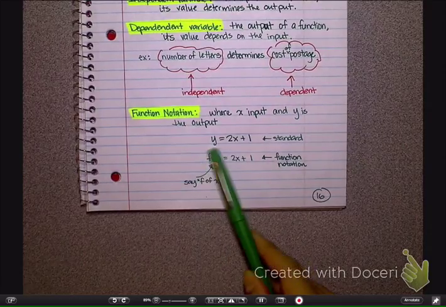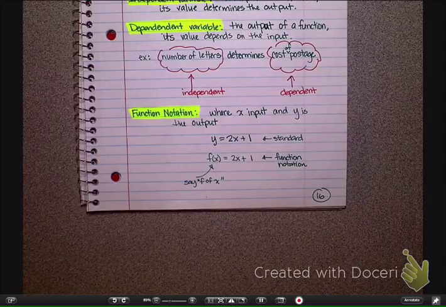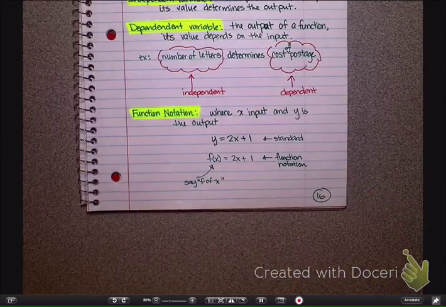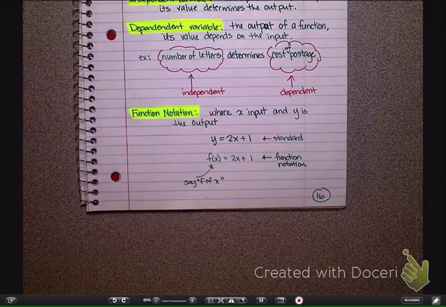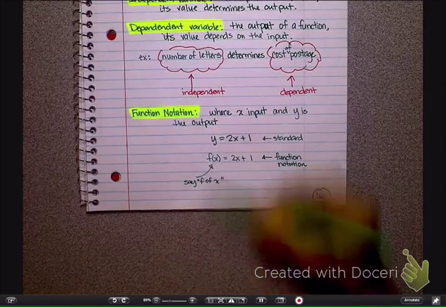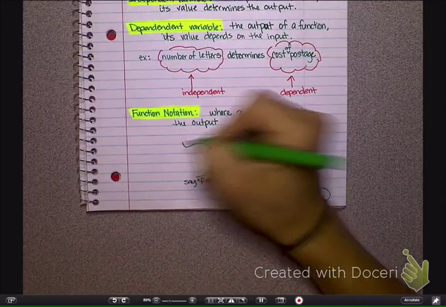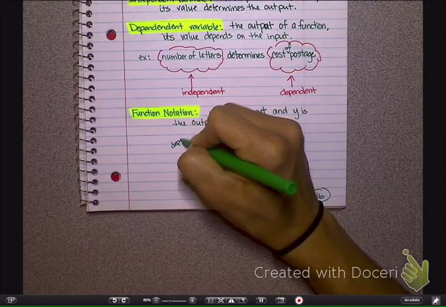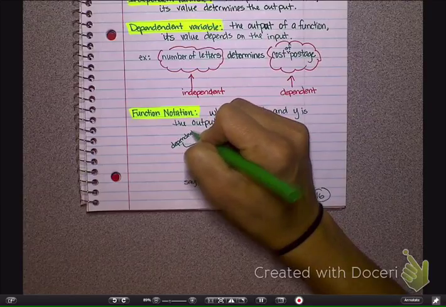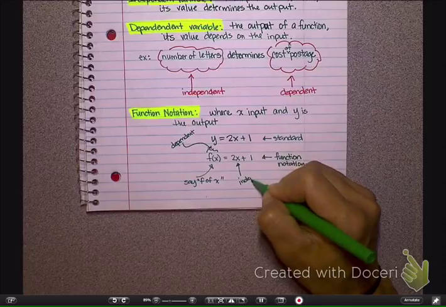This whole thing is just another type of variable, you could say, because it's going in the place of y. So the f of x, this whole thing, is what we would call your dependent variable. And then just the x by itself is considered the independent variable.